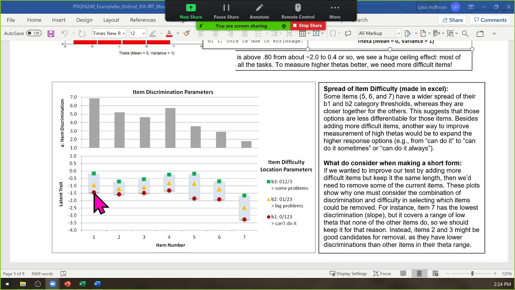The scale here is can't do it, big problems doing it, some problems doing it, or can do it. So red is where they switch from can't do it to something greater than can't do it. Does that help? Okay, it does.